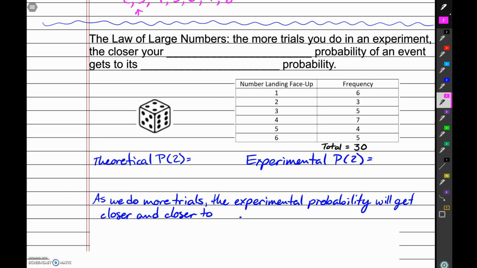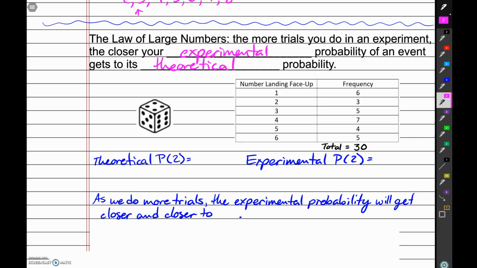The next part is the law of large numbers. The more trials you do in an experiment, if you keep doing the experiment over and over and over, your experimental probability gets closer and closer and closer to the theoretical probability.